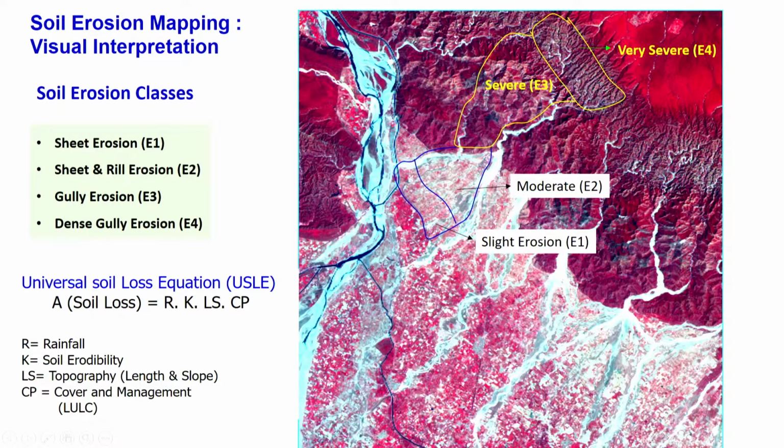Here you get a lot of gullies or drainage channels, also called gullied land, with a lot of dissection of the land. We characterize it as very severe erosion. Below that you get fewer but wider gullies, which is severe erosion.